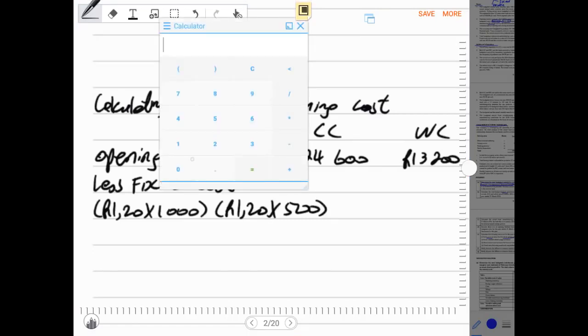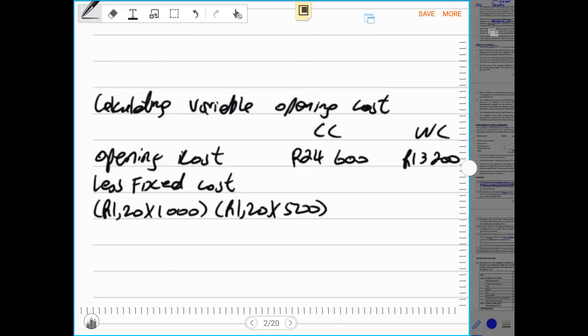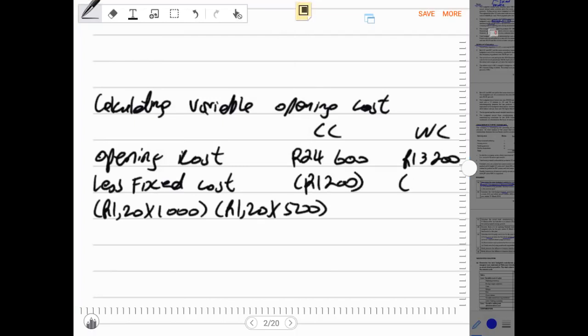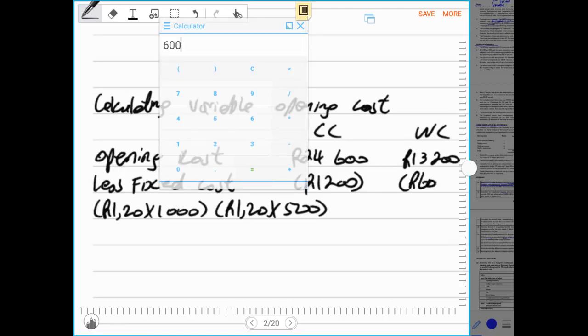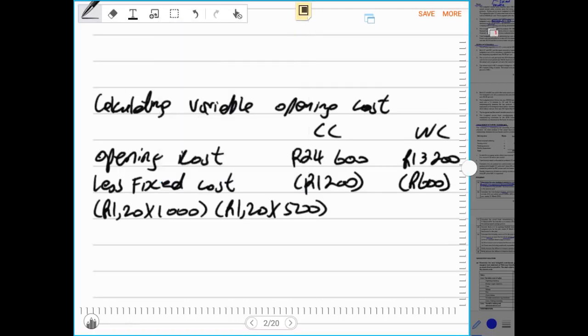Therefore I have to deduct the R1.20 so that the remainder is only the variable portion. R1.20 times 500 gives me an amount of 600 rands, meaning included in the opening cost were these two amounts, 1,200 and 600.